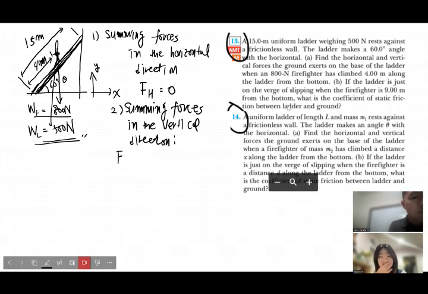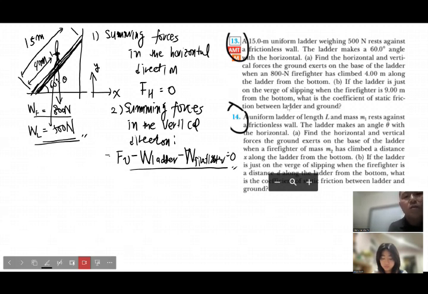So if you're summing the forces in the vertical direction, that is F_V minus the two weights, from the ladder and the firefighter. That should also be equal to 0. So the net force should be equal to 0 in the vertical direction, with the ladder and the firefighter.